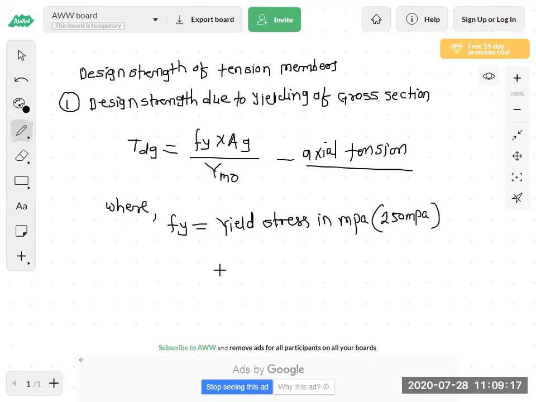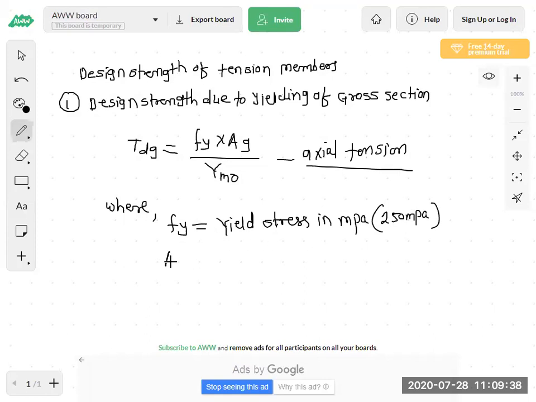It may be an I section, channel section, angle section, or plate section. Whatever steel section the industry manufactures is of mild steel, and mild steel has a yield stress of 250 MPa. So this is Fy.